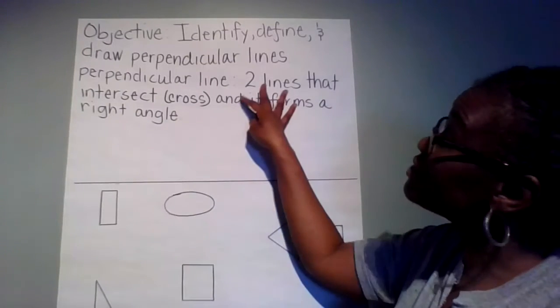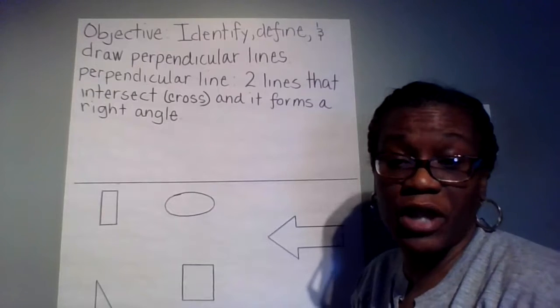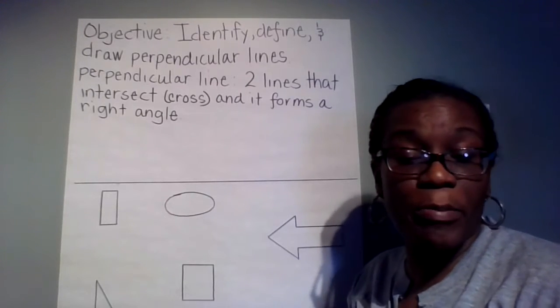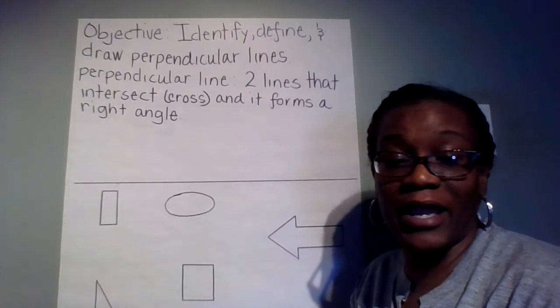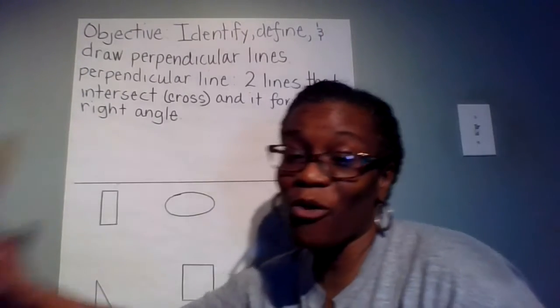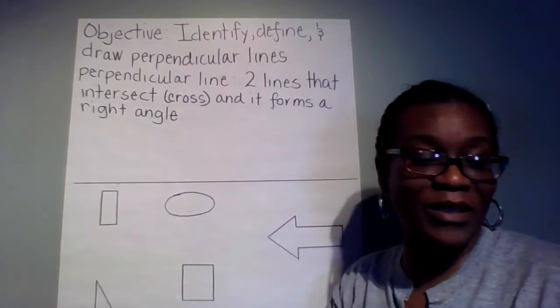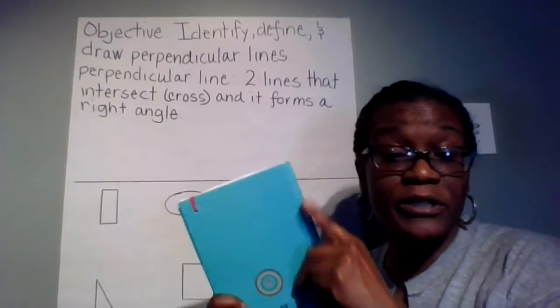So we just defined it, and now we're going to draw a perpendicular line. And in order to draw a perpendicular line, you need some type of straight edge. If you don't have a ruler at home or a trusty yardstick like Miss Allen, you could use the edge of a book.